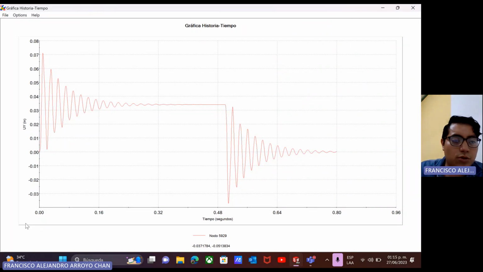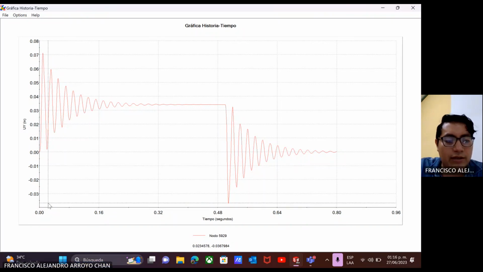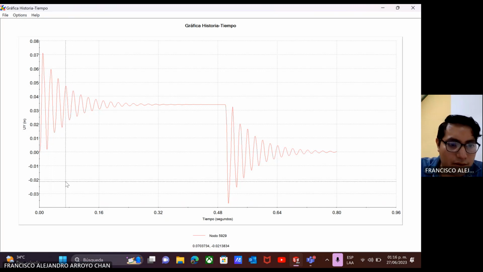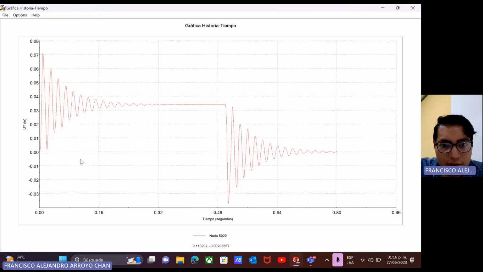So when someone gets into that point of stress, we can check in the zeros, the first second, what's happening when someone gets into that point and the ring is moving, and this is what's happening with the graphic.